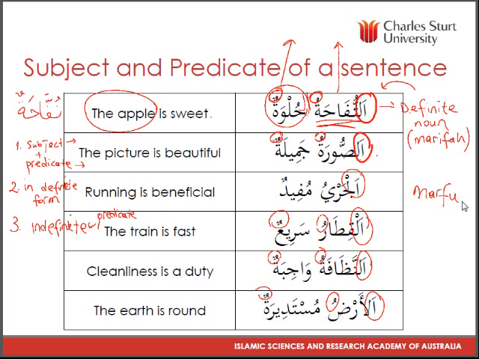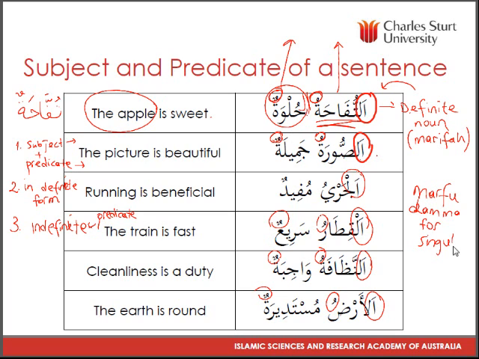What is the construction of subject and predicate? That's it. No more detail. Marfu means this dhamma, the dhamma for singular. Look, all of them are singular: one apple, one picture, one train. Everything has singular, dual and plural forms. We all use singular form here.